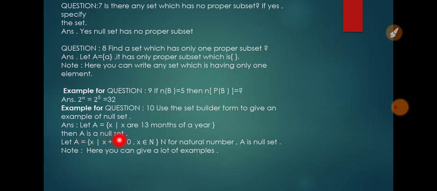Then A is the null set for, suppose, {x such that x + 4 = 0 and x belongs to natural numbers}. A is a null set just because if you solve this condition, x will be negative, and natural numbers are positive integers 1, 2, 3, 4.